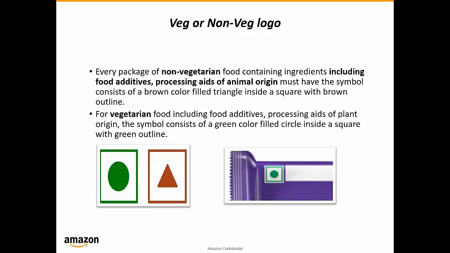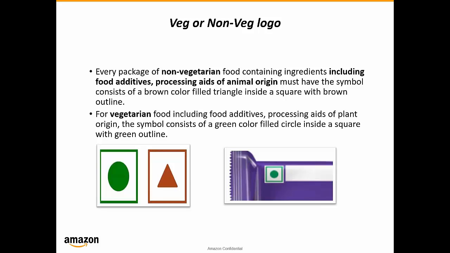If you see an example of the label here, which is triangle in shape, and there is a square outside, that talks about the non-veg logo. Now, for example, I'll give a basic example here. There are a few shelf-stable cakes which have an ingredient like egg. So it clearly states if egg is there, we have to put a non-veg logo.